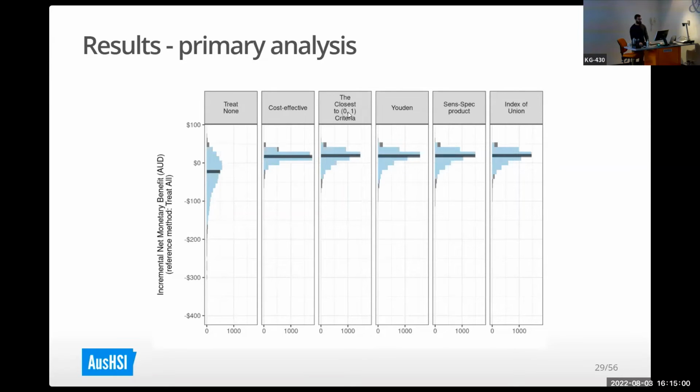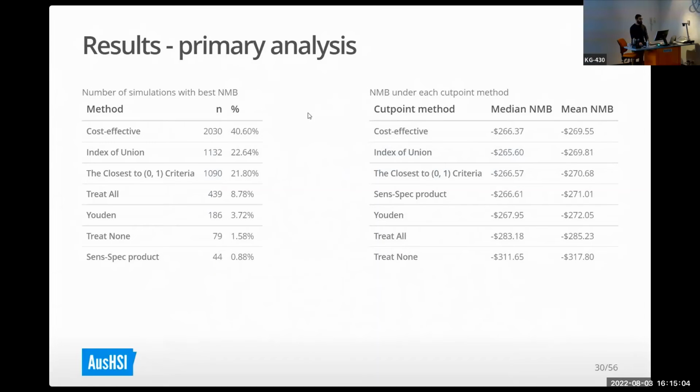Maybe a tighter distribution for the cost-effective one, but that would be about it. In the end, the cost-effective approach was the best for 40% of all 5,000 simulations, but the median NMB and the average net monetary benefit was about the same for all the cut point methods, so not a huge win.